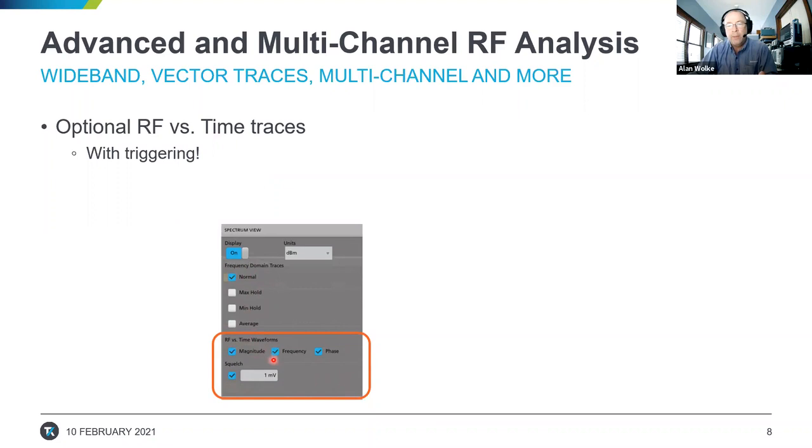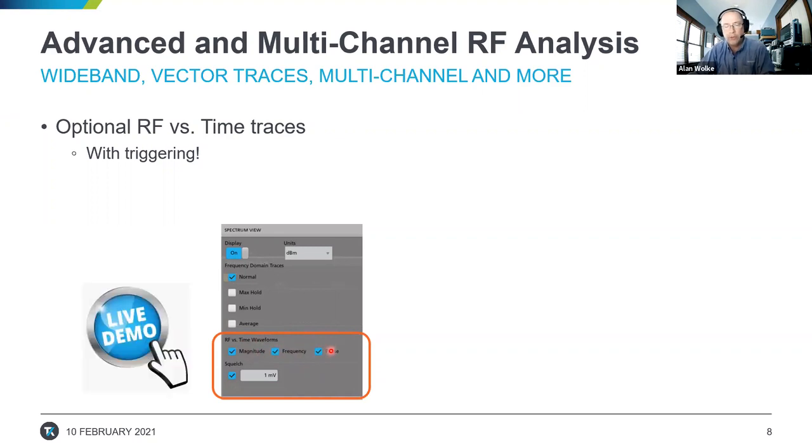The RF versus time traces start to get into the realm of basic vector signal analysis. They allow you to look at the magnitude of the RF signal versus time, which is great for looking at radar pulses and other types of modulation in the amplitude domain, as well as frequency and phase deviation over time. You can almost think of these as AM, FM, and PM demod views of the signal.